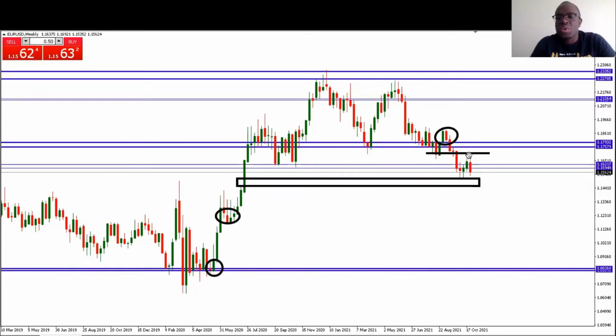Since the price has broken this low to form a new low, and also since the price has been rejected off this structural low to form a lower high, I'll be expecting that the price will move, come and clear this, maybe come to test this order block.